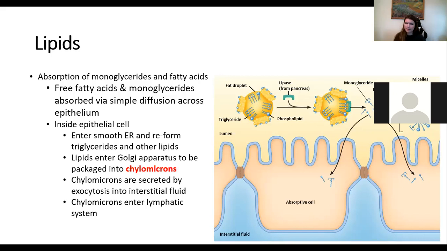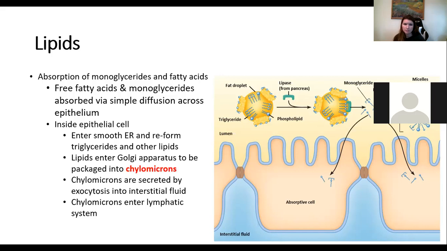One thing that the lipids may do is enter the smooth endoplasmic reticulum, one of our cell organelles. What happens to our fatty acids there is that they can reform those triglycerides. They can reform their larger shape now that they're inside the cell. Some other lipids get made here in the smooth ER as well using those fatty acids.